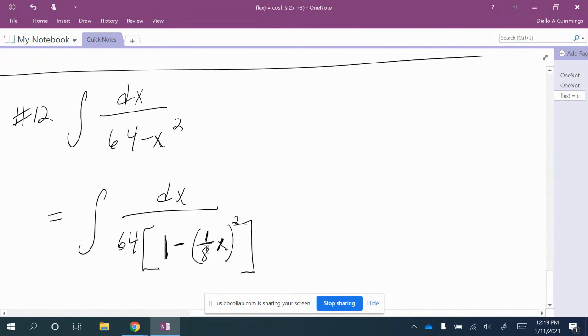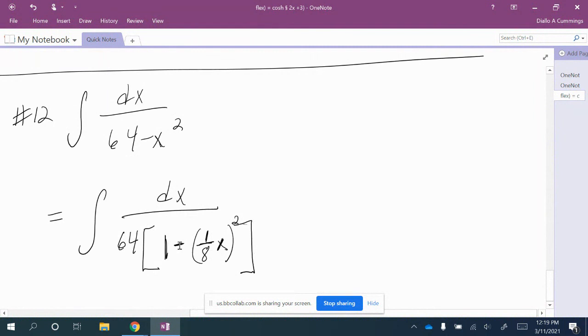If you were to square 1/8, right, you would square 1, you would get 1, you would square 8, you would get 64, right? When you distribute 64 by the second term, the 64s cancel, and I'm left with x squared, right?